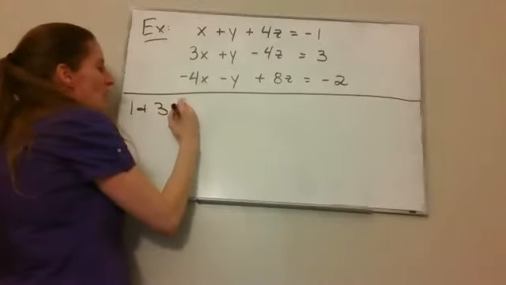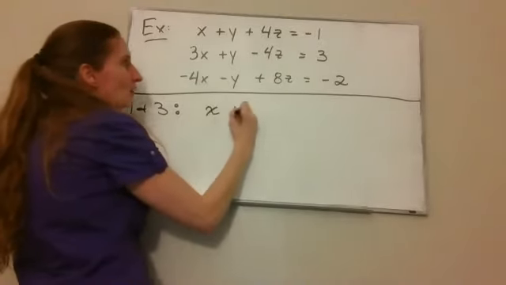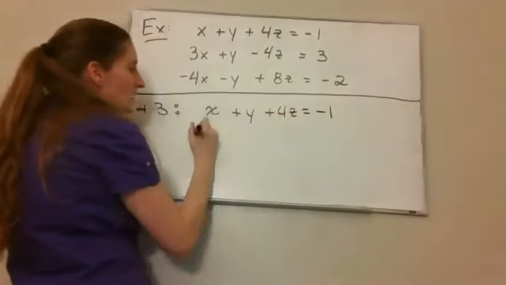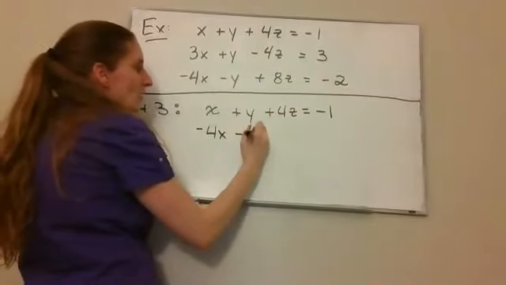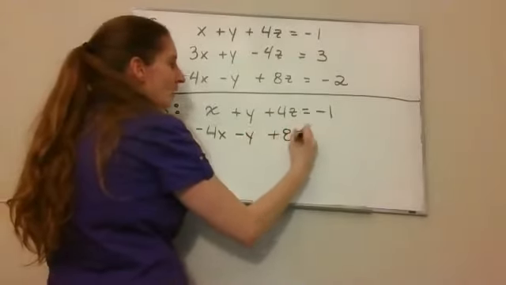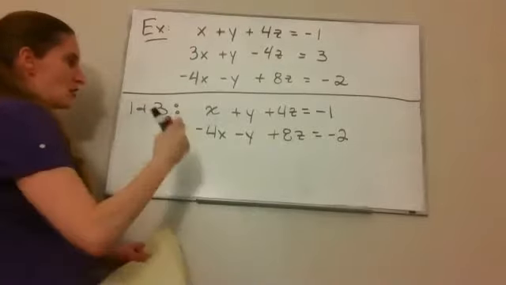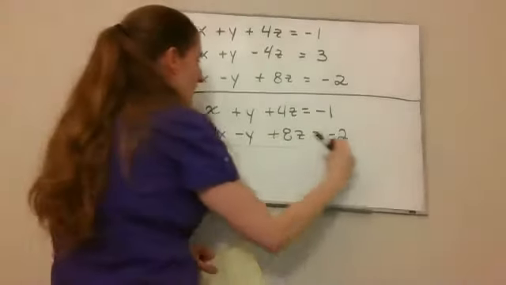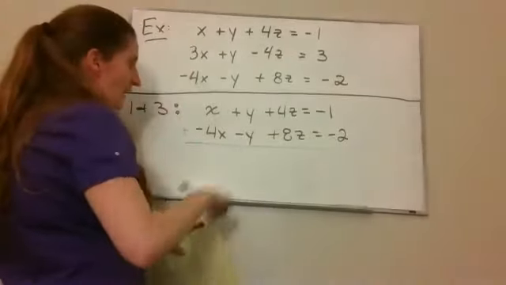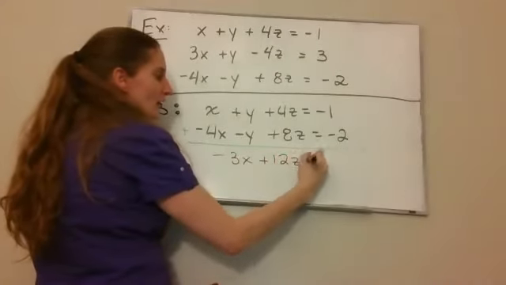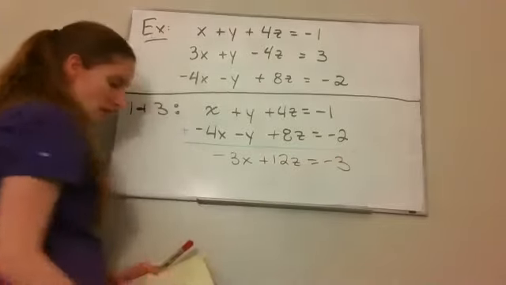So equations 1 and 3, I have x plus y plus 4z equals negative 1, and negative 4x minus y plus 8z equals negative 2. If I add those two equations together, I get negative 3x plus 12z equals negative 3.